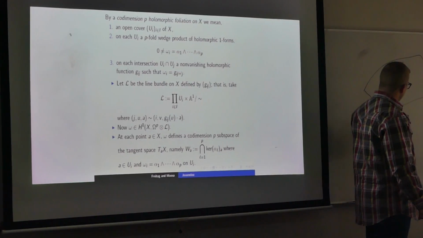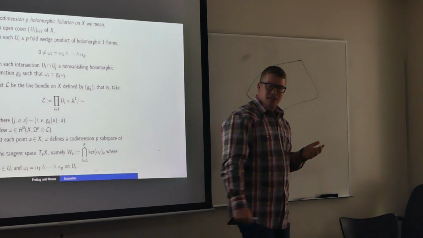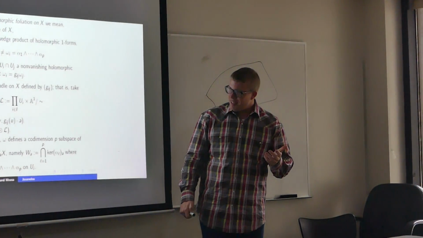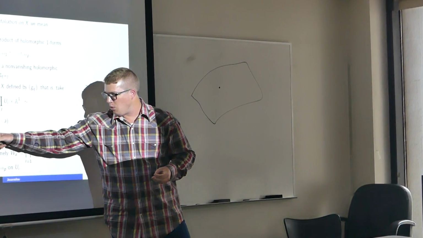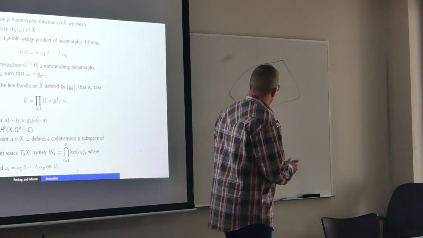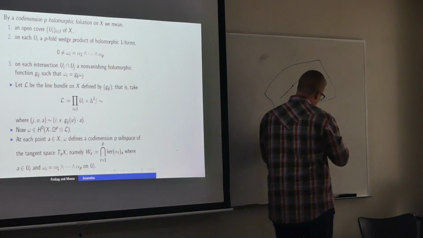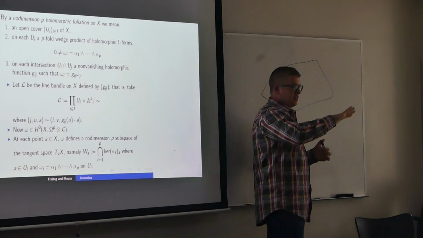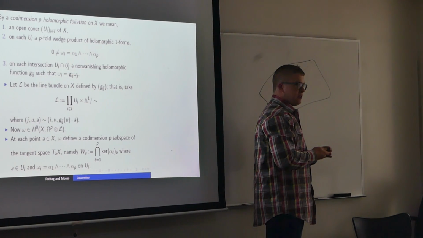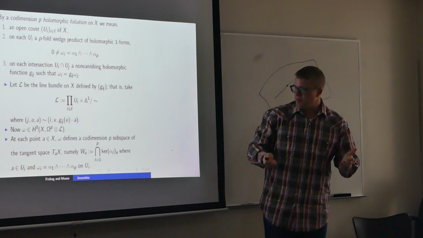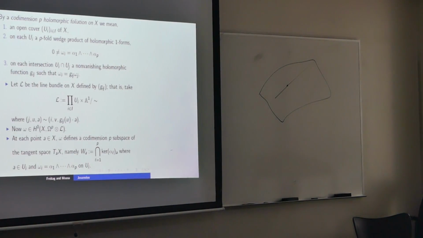Then, if I fix this point, the information that I'm giving by some element in omega 1 tensored with L is basically at each point some line which lies in the two-dimensional plane that is the tangent space at that point. And okay, so you can see it's giving some similar but distinct information.